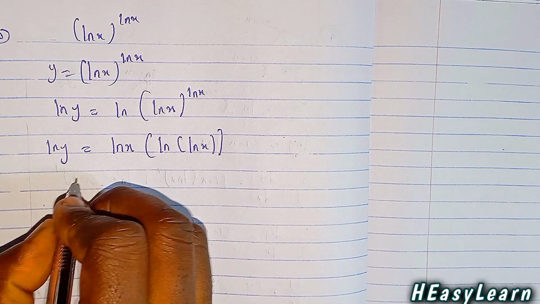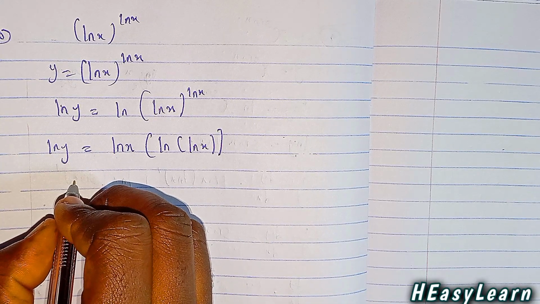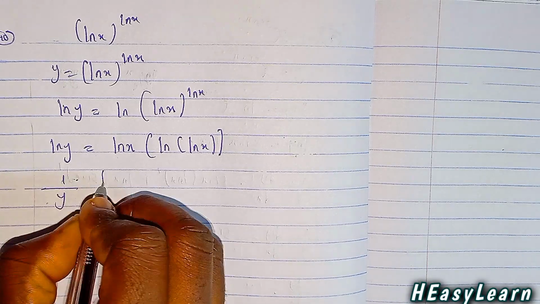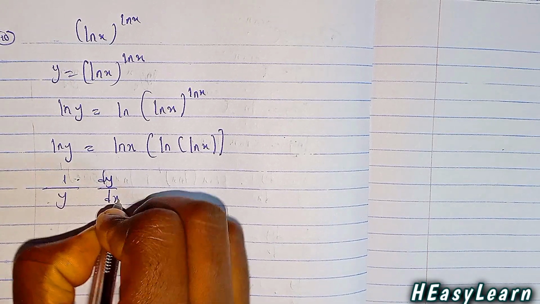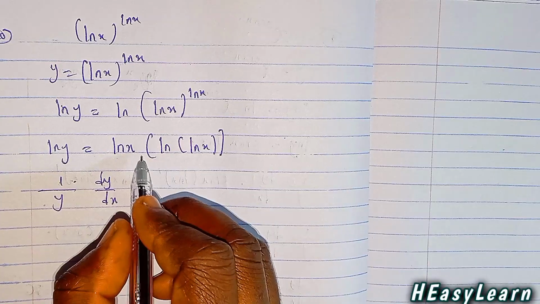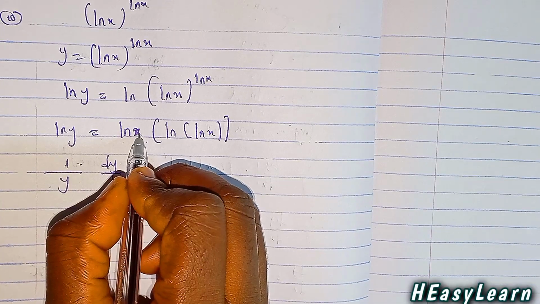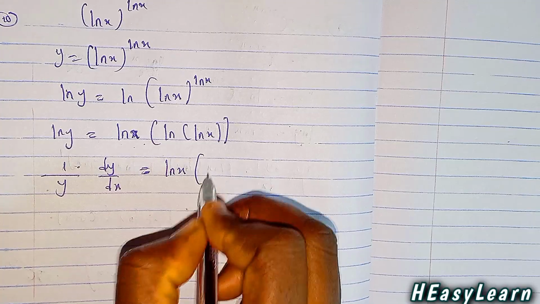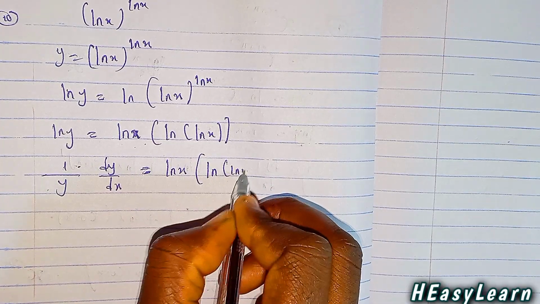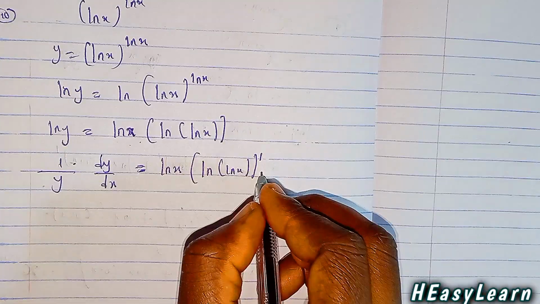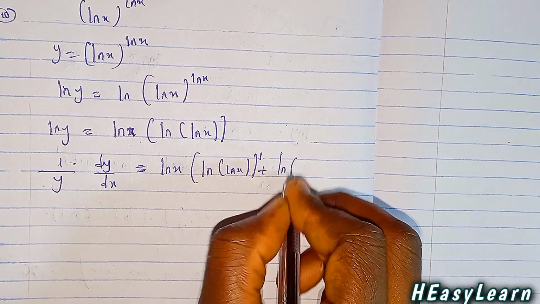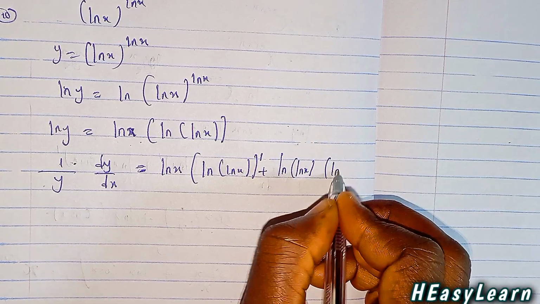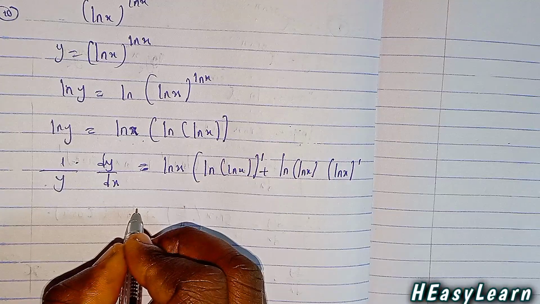Differentiate through with respect to x. What is the differential of ln y? This is the same thing as 1 over y dy dx equals, this is a product of ln functions. Keep the first, differentiate the second function, plus keep the second function and differentiate the first function.